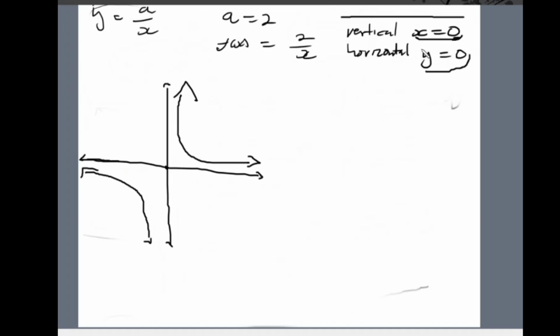Remember, when you determine a y-intercept, you have to let x be 0, but in this case x cannot be 0, which is why we don't have a y-intercept.